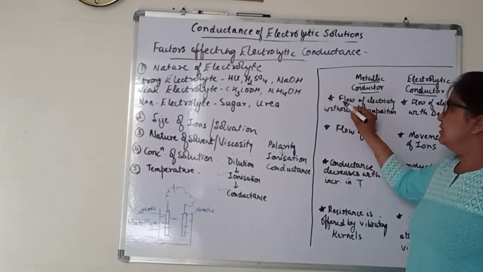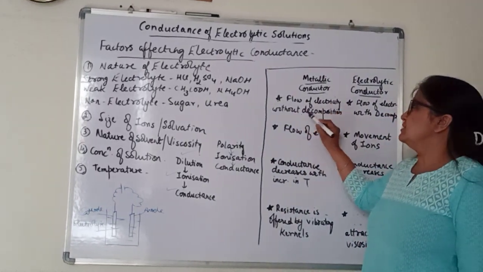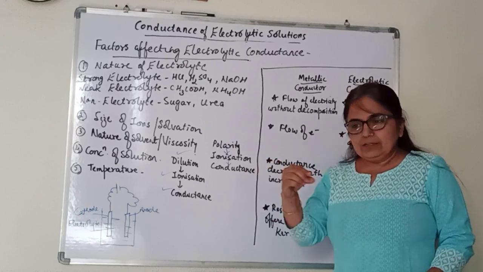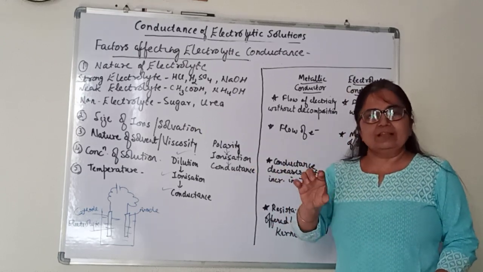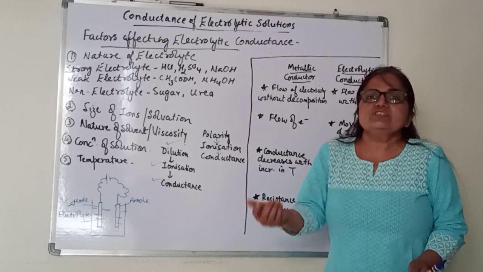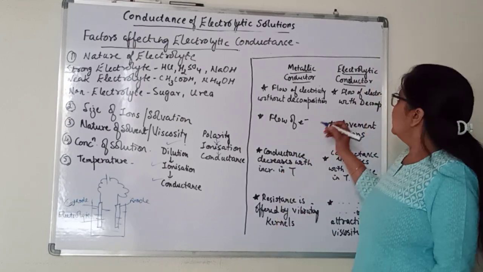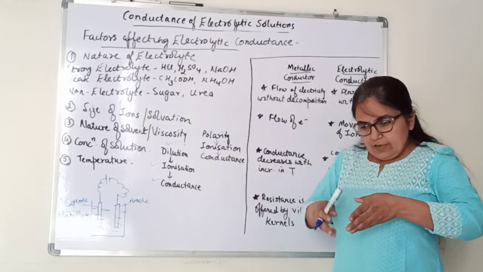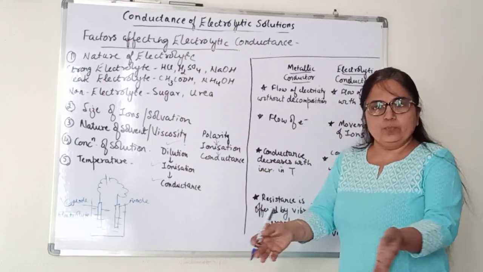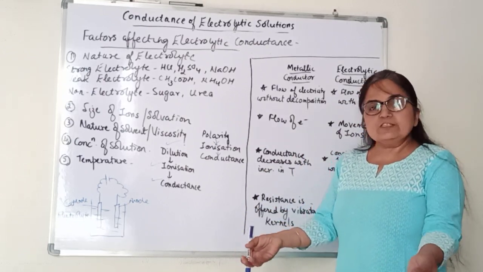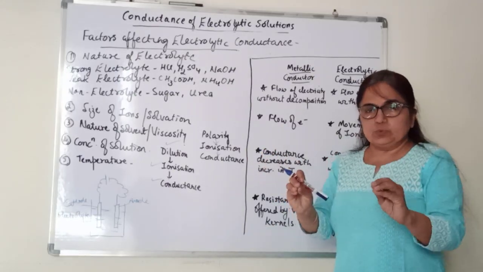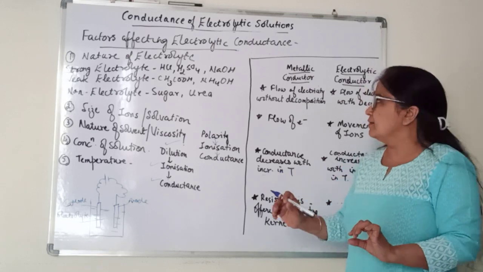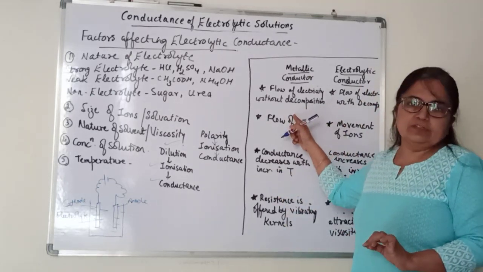In a metallic conductor, the flow of electricity is without decomposition, meaning that the metal through which the current is passing, nothing happens to it. Decomposition doesn't occur. Whereas in an electrolytic conductor, when the current passes, ionization occurs, so decomposition occurs. Those ions form, they move to the respective electrodes. One may get deposited, oxidation may occur, reduction may occur. That is the first difference between the two.